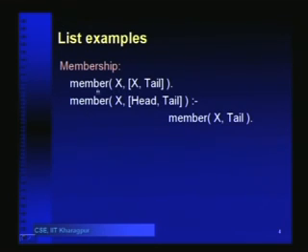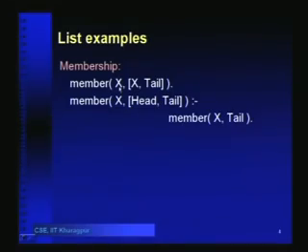This member predicate has two arguments X and Y, and is true if X is a member of Y. When we refer to member of Y, we just mean at the top level list. So, we assume that in the predicate member X Y, Y is a simple list, and we are finding whether X is an item of the list itself and not any sublist.